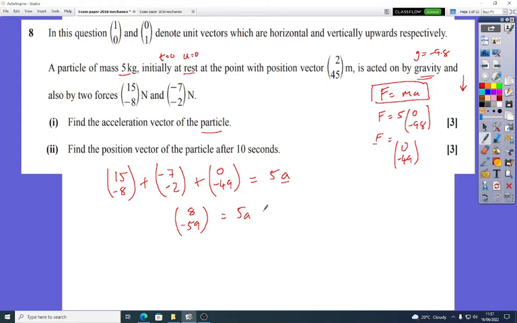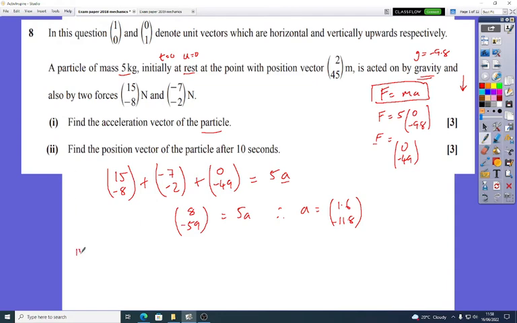So therefore, acceleration vector, divide that by 5, you get 1.6. Divide that by 5, you're going to get minus 11.8. So that's your acceleration vector when you're putting all these forces together.